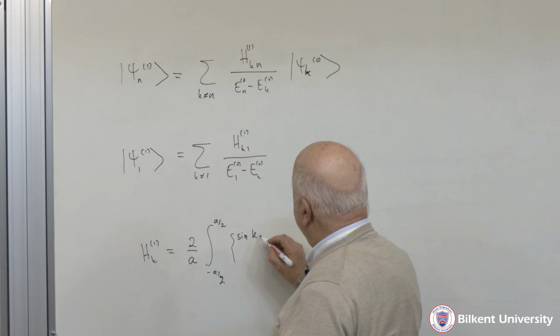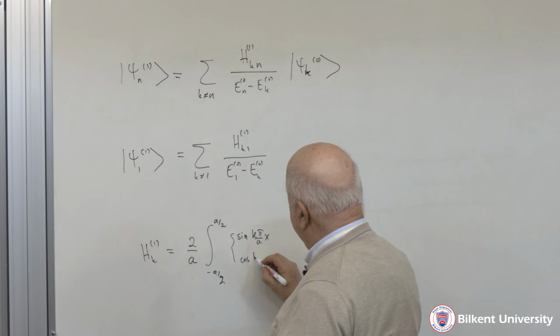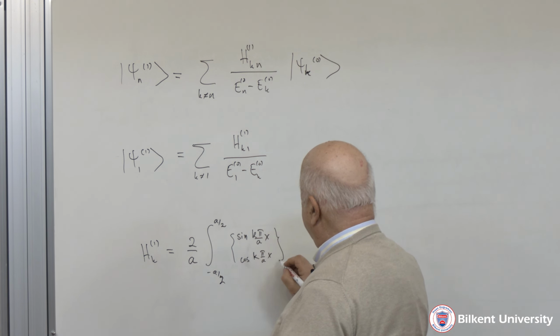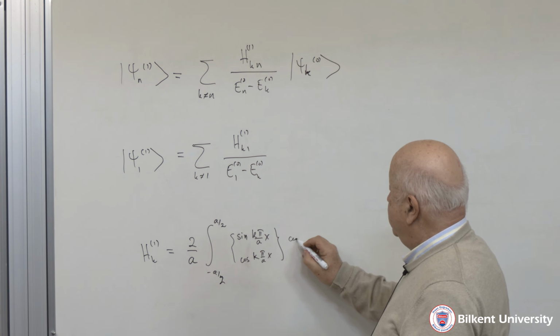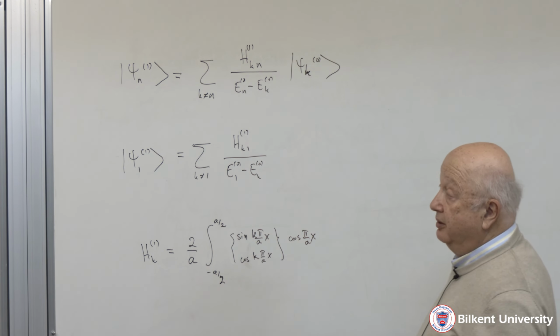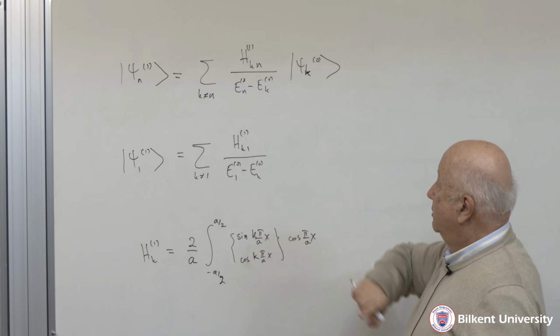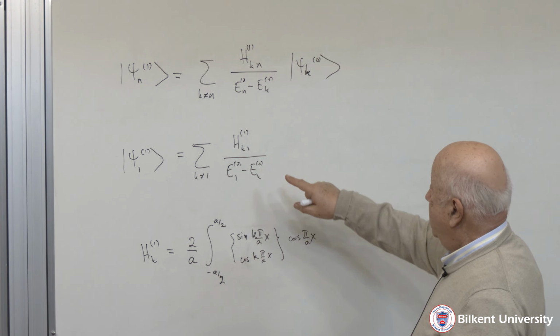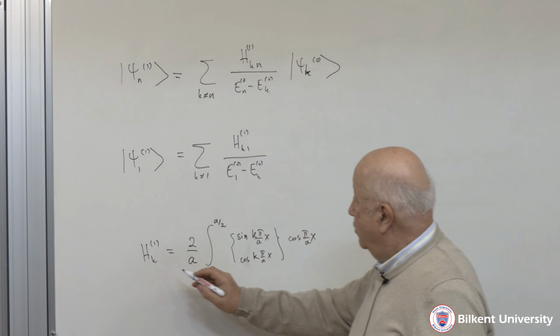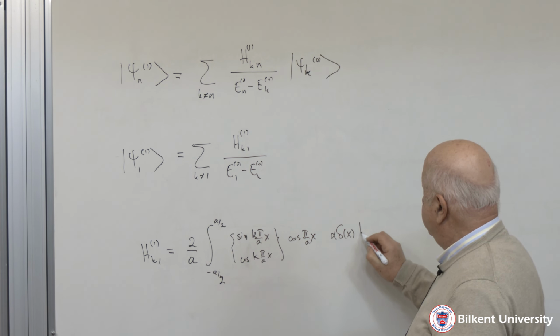Sine k pi over a x, or cosine k pi over a x, multiplied by cosine just 1 pi over a x. That's my wave function 1. Then I also have alpha delta of x dx.